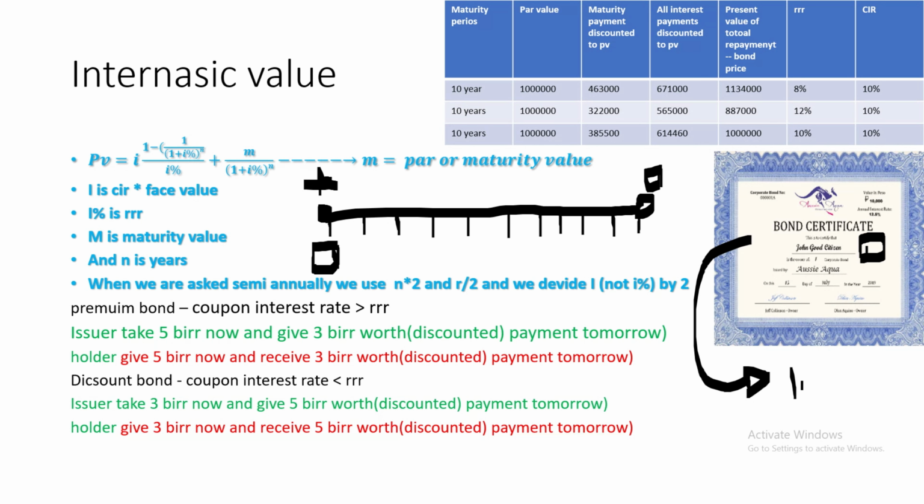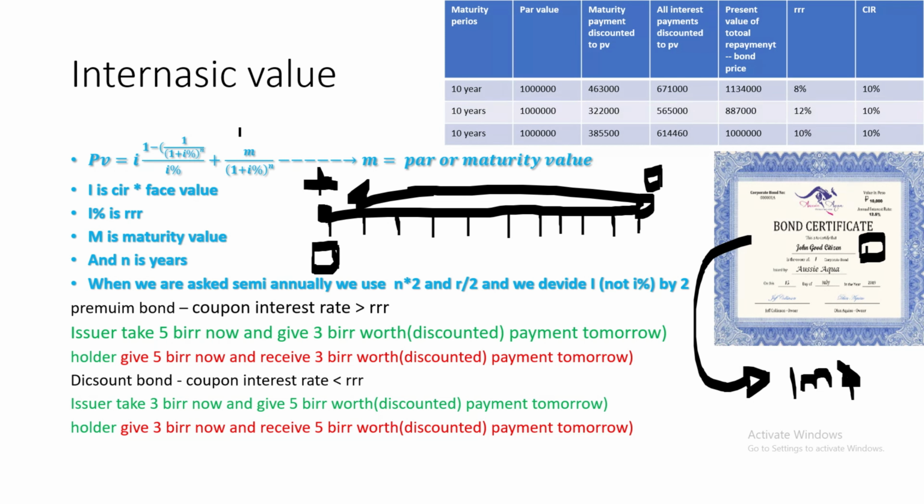That $1 million which comes after 10 years might be worth less than 1 million or more than 1 million. That will be calculated in the present value by discounting the value of this 1 million and knowing how much it is worth today. So for that, the information I need is the maturity time, which is called N.